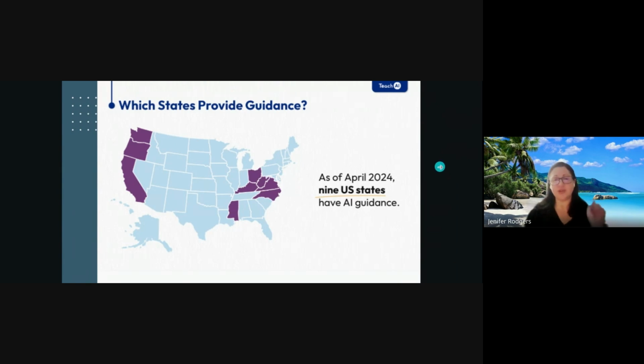So I apologize about this slide. First off, this is an old slide from our May presentation. The updated slide was as of June 2024. There's actually 15 US states that have AI guidance for education. So I think it was like Colorado and Missouri, some states in the middle that have guidance from the state level about using AI in education.